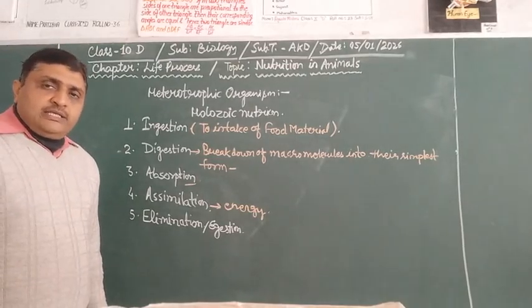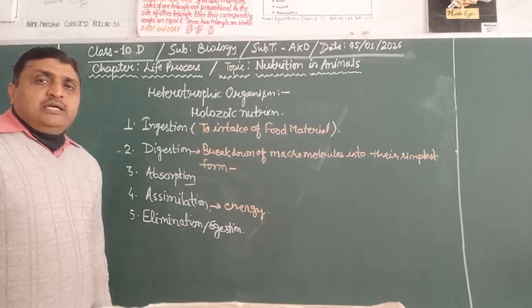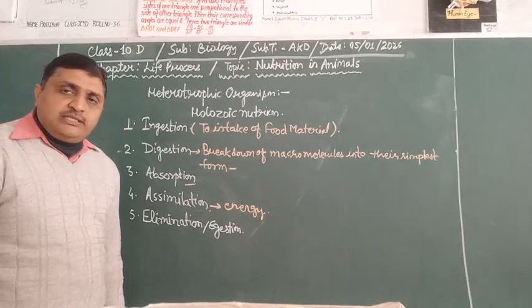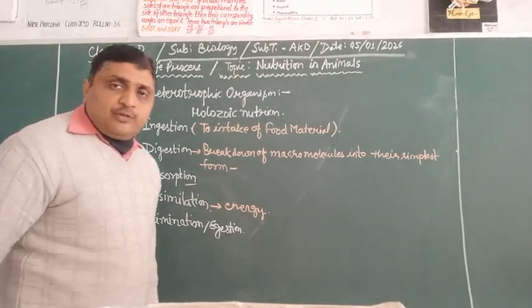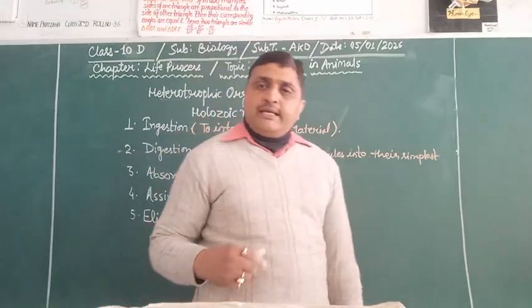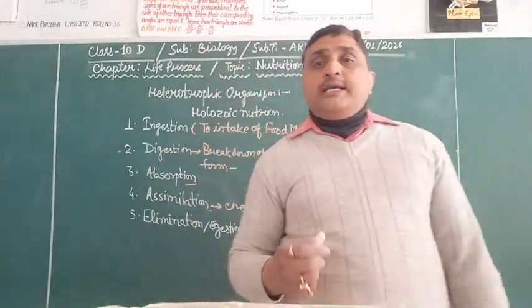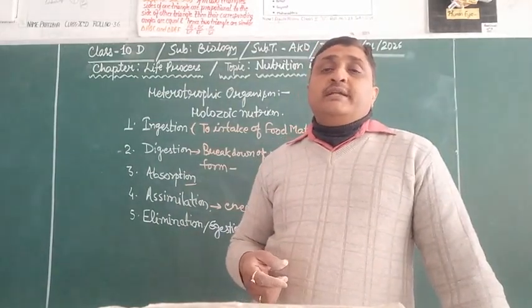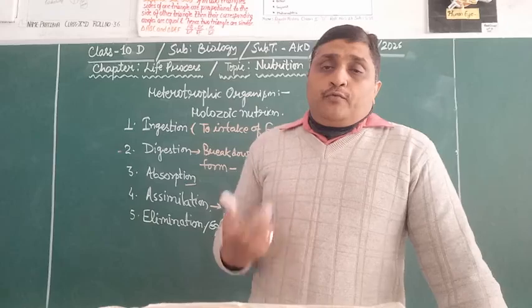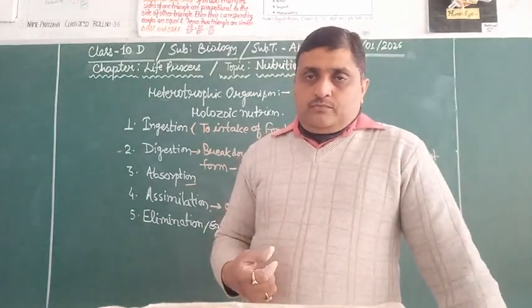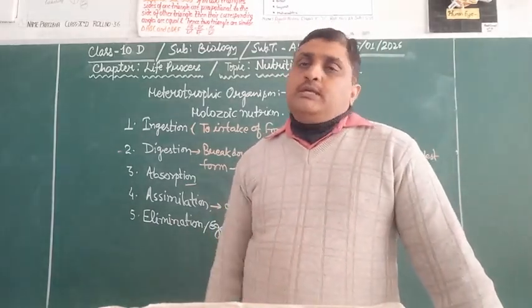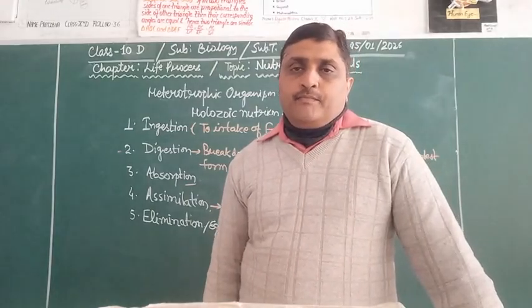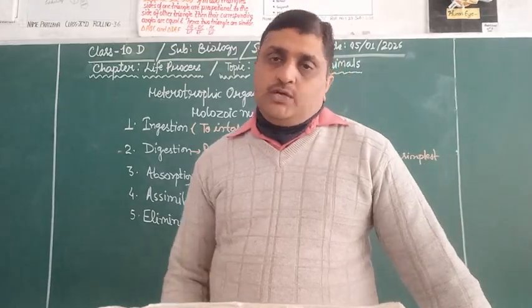And when the energy is released, that process is known as the assimilation process. After the assimilation, there is the last process, the egestion process. Means during digestion, all the food material cannot be digested. Some of the undigested food material remains as such, and it is removed from the body. That process is known as egestion. That is the holozoic nutrition.